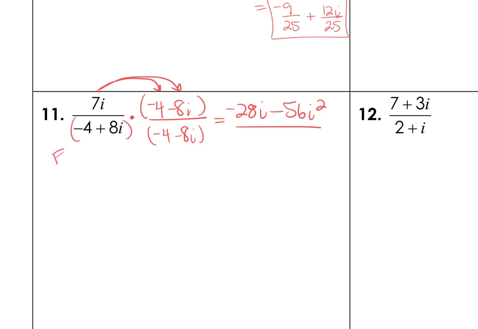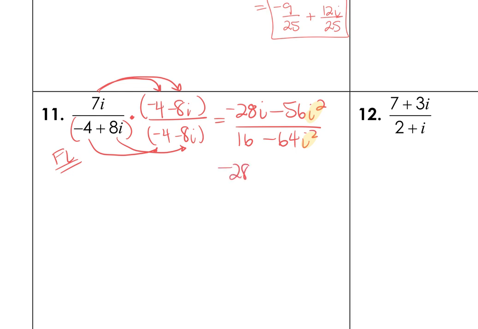Complex conjugates, I get to do my little shortcut, first and last. So negative 4 times negative 4 is 16. 8i times negative 8i, I get negative 64i squared. Let's replace i squared with negative 1.